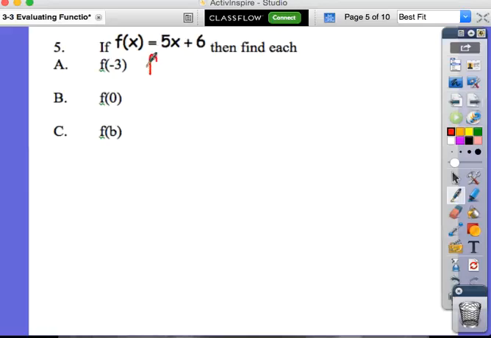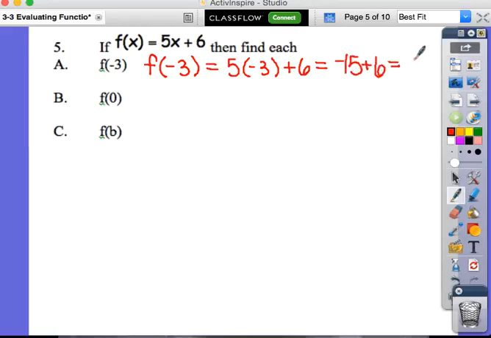So the way you would technically write it is f of -3, that says I'm going to plug in -3 for x, is 5 times -3 plus 6. Show your steps. 5 times -3 is -15 plus 6 would be -9. So you could come under here and write f of -3 equals -9.